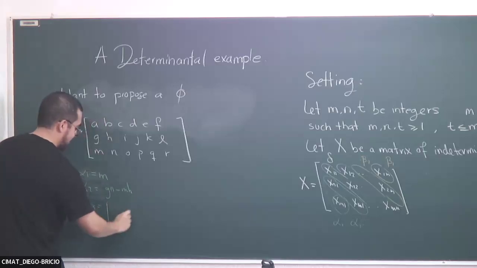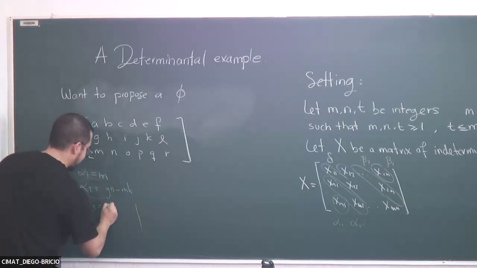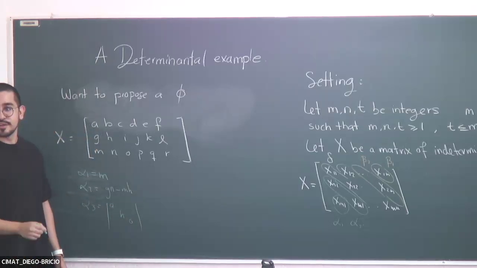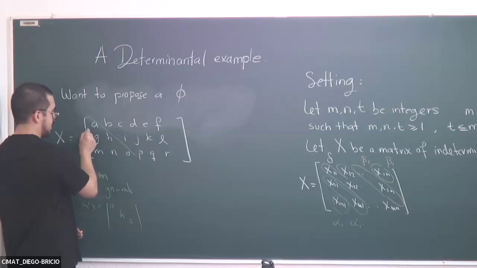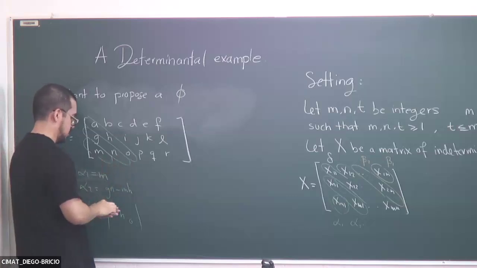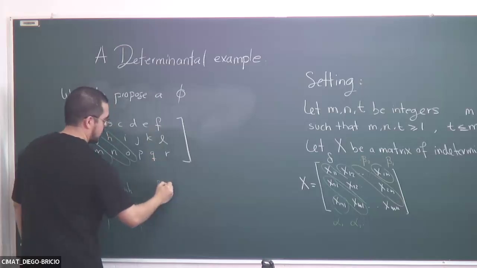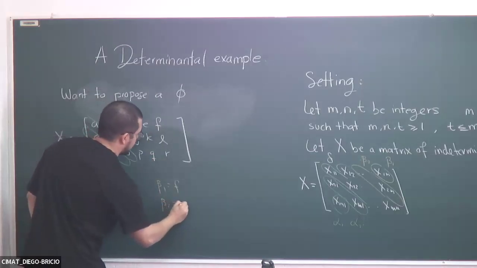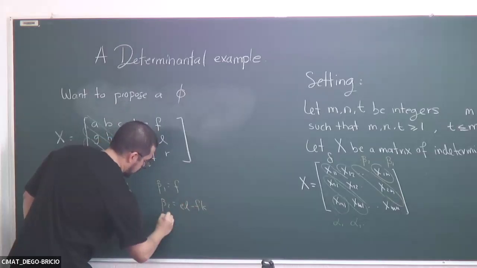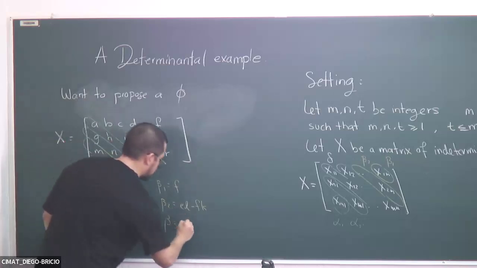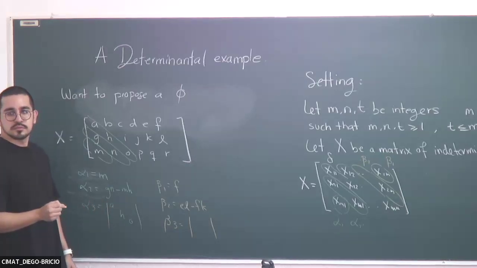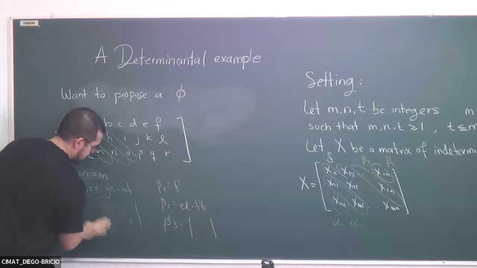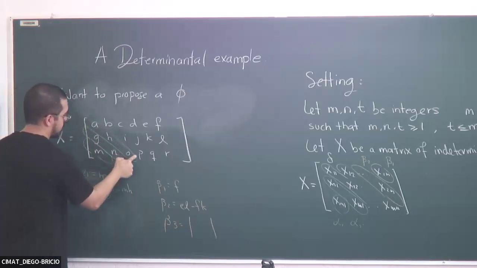Okay, so you get the determinant of this matrix, right? So that's until this part, right? And the betas, the first one is going to be f, relative al minus fk, and the third one is actually going to be a delta, because all the deltas have the size of the minimum of m and n.